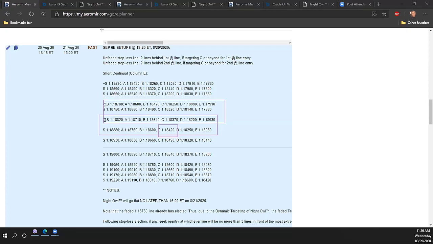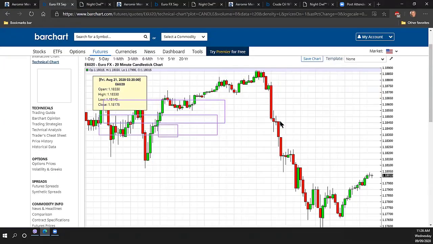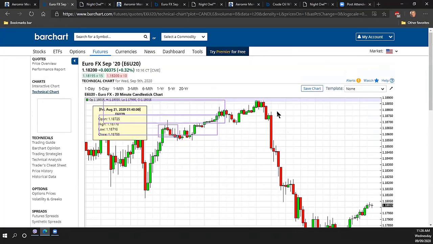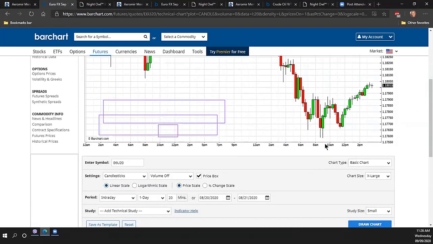This particular day turned out to be a day like yesterday was for crude oil. It went substantially in the Night Owl direction, and my single contract that was trailing actually made more than the other 3 that I took off way up here at the 1844 area. So this was a wonderful trade.